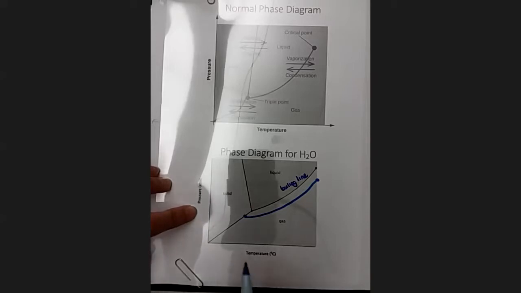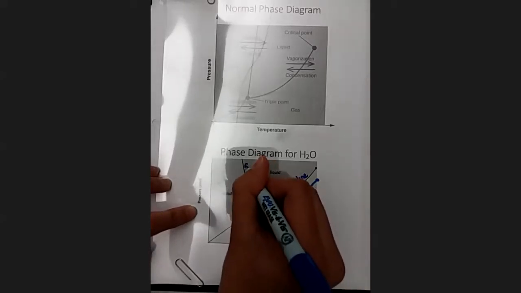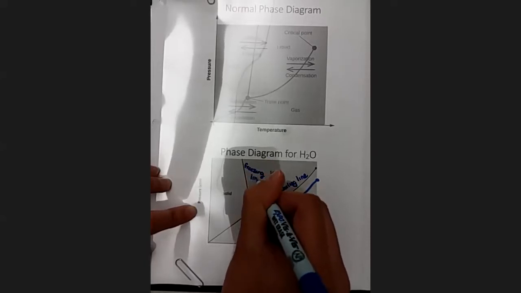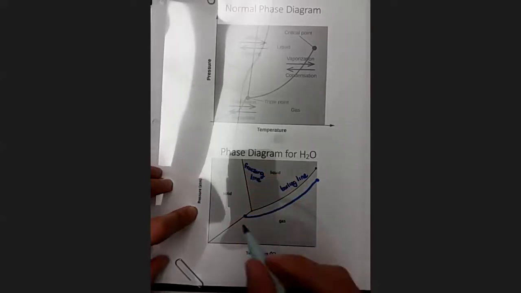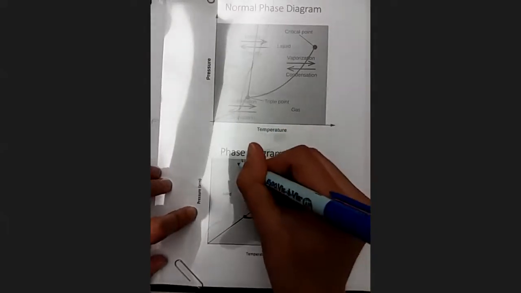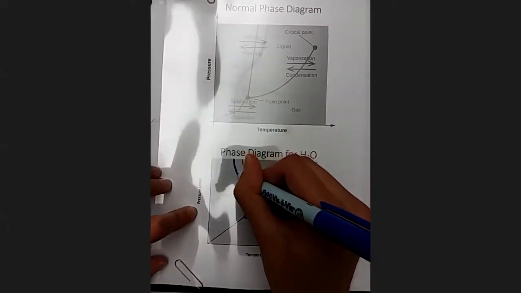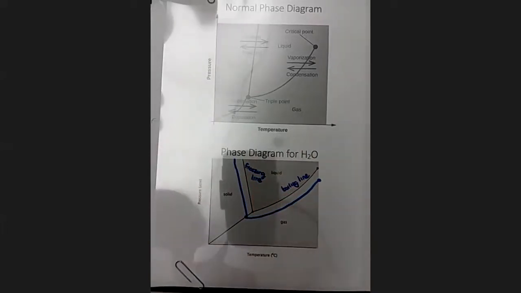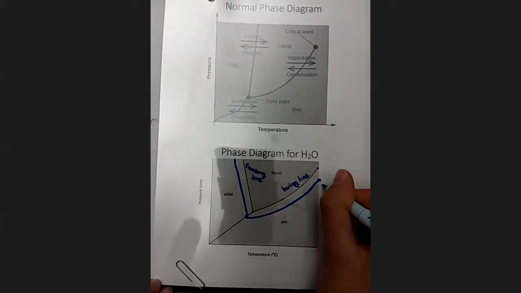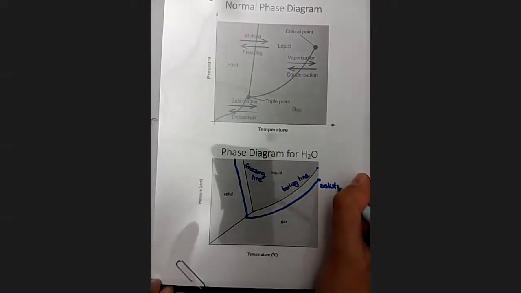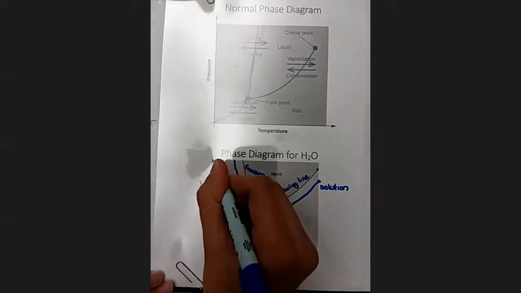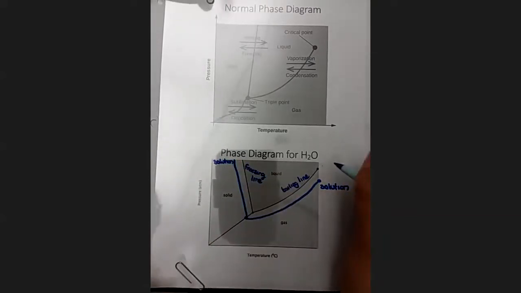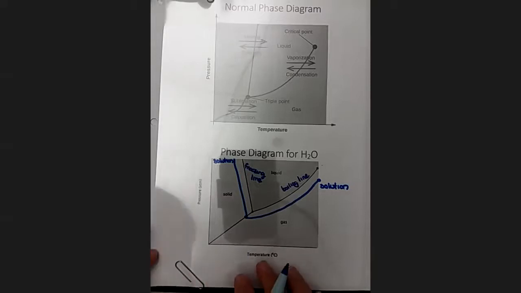And then we're going to shift the freezing line, which is this one, towards the left as well. Okay, so this is our new line for a solution. And then this one is our old line for the single component.